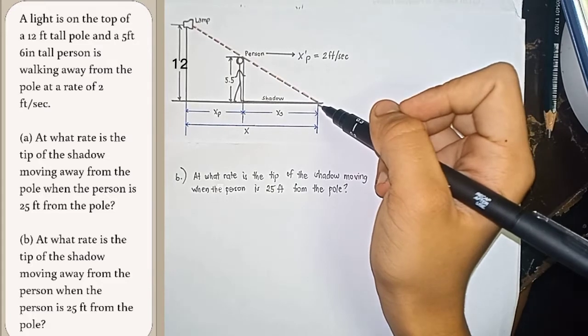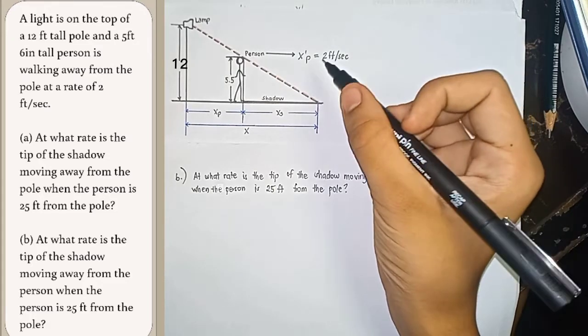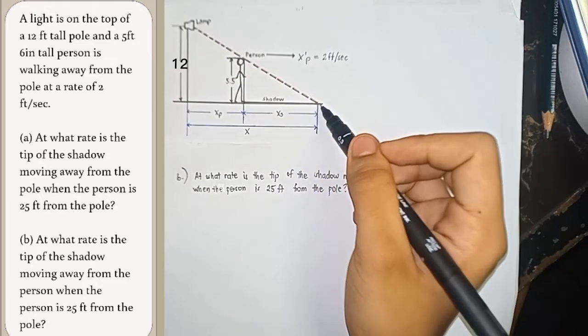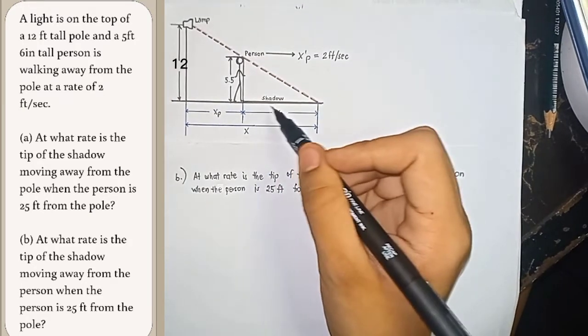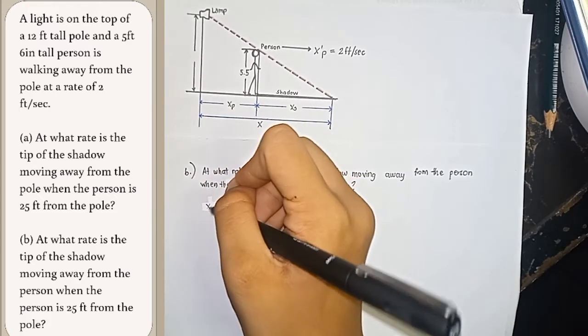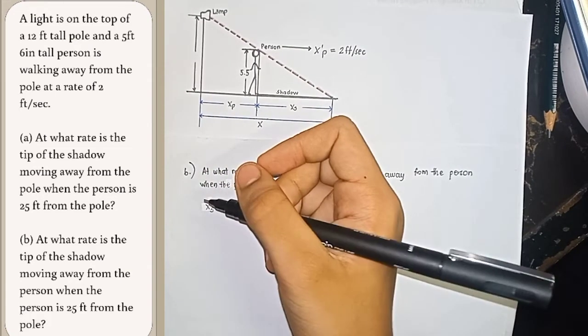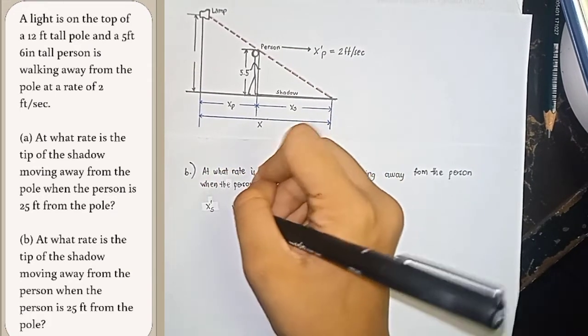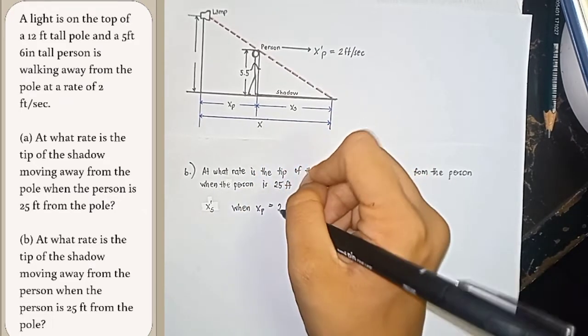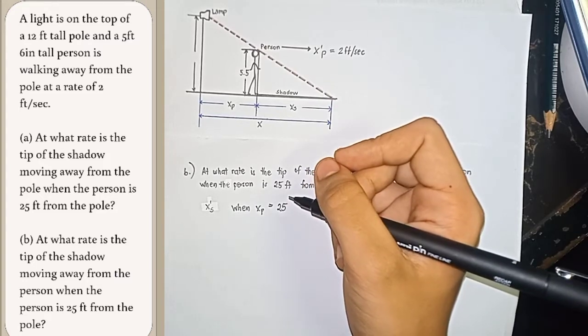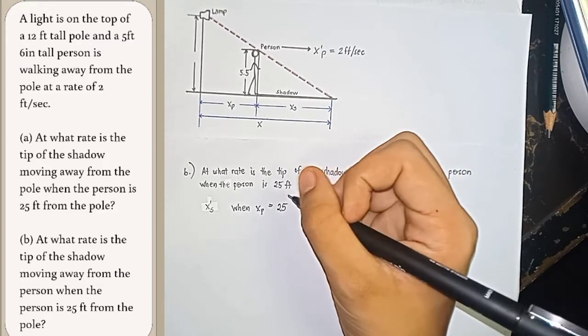The next question is at what rate is the tip of the shadow moving away from the person when the person is 25 feet from the pole? In this case, we know that x sub s represents the length of the shadow, or the distance of the tip of the shadow from the person. So it looks like we want to determine x prime sub s when x sub p is equal to 25.